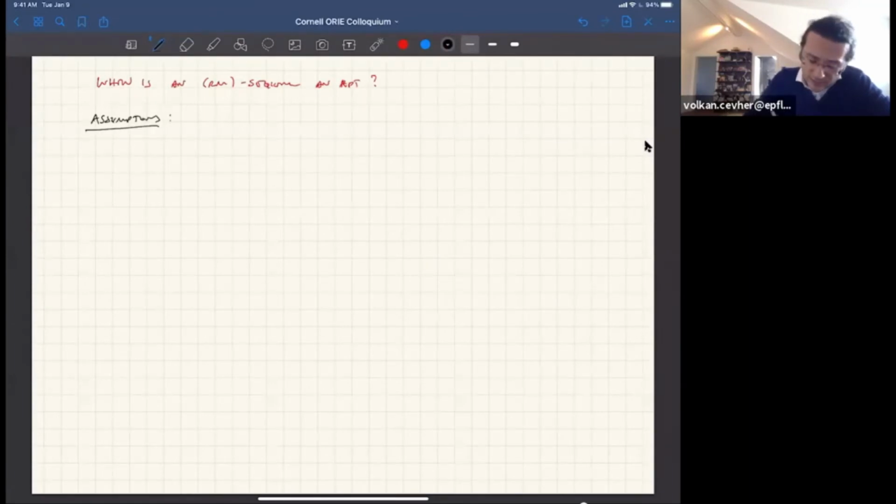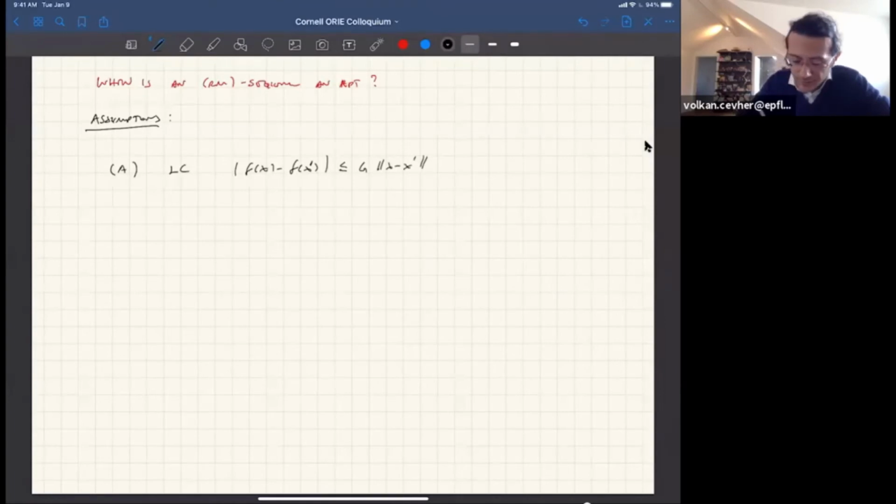So this set A of assumptions: we're going to assume Lipschitz continuity, meaning that fx minus fx prime, and we're going to have gx minus gx prime. We're going to assume Lipschitz smoothness.